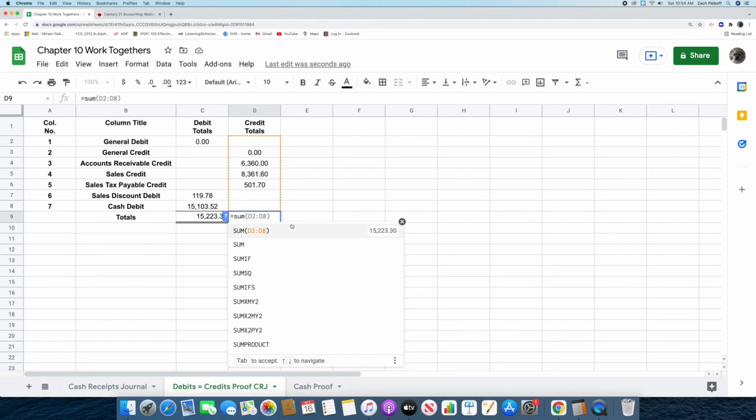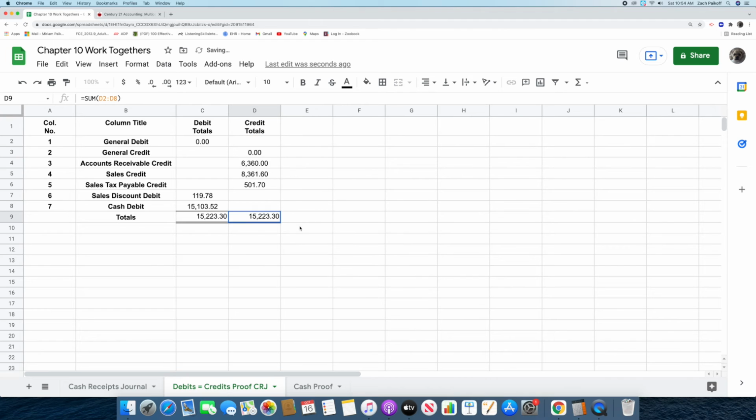Same thing for the credit totals. We're going to type in equals sum, select cell D2 to D8, and then right-click, and that also gives us $15,223.30. So since these two numbers are the same, we have now proved the cash receipts journal, and we've also proved that debits equal credits.